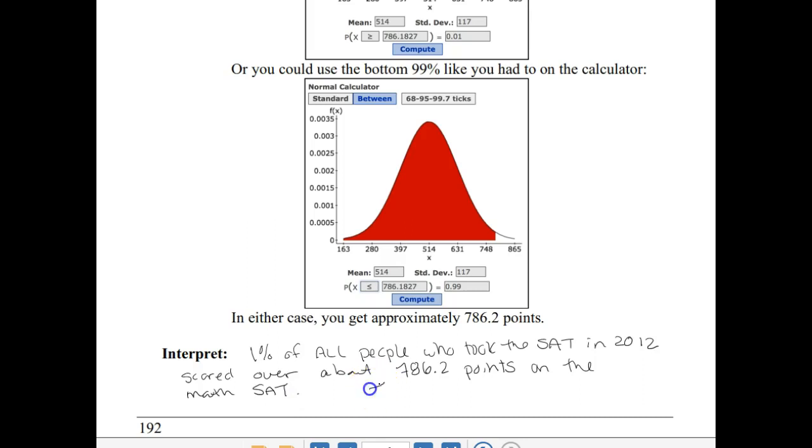Or we could say that the top 1% of the scores were above 786.2 points. Okay, so our top 1% of the scores were people who had a math SAT score above 786.2.